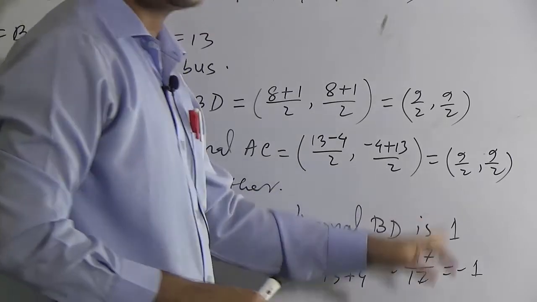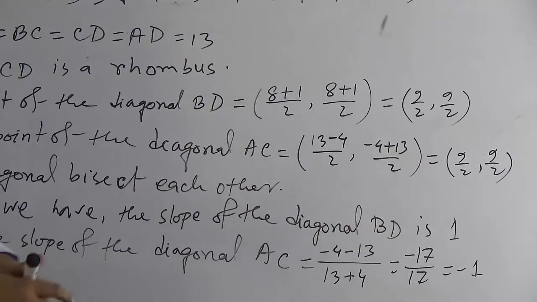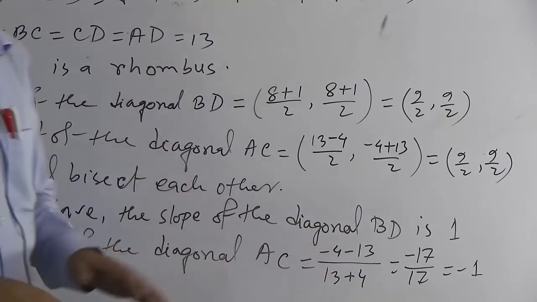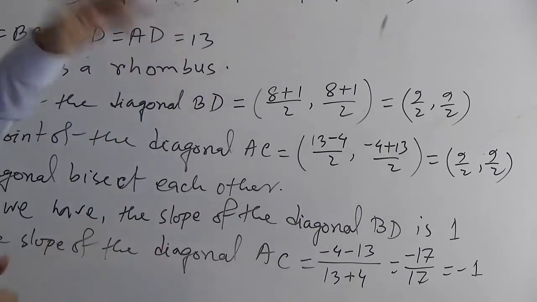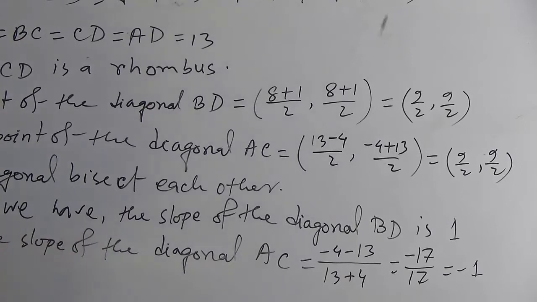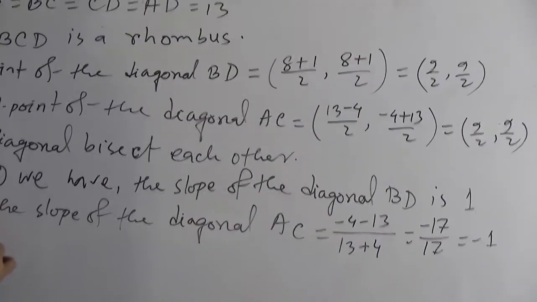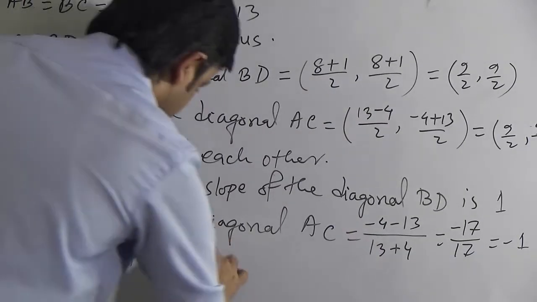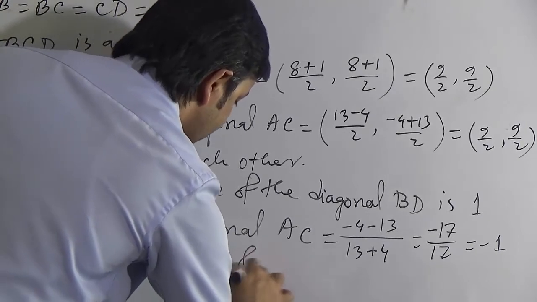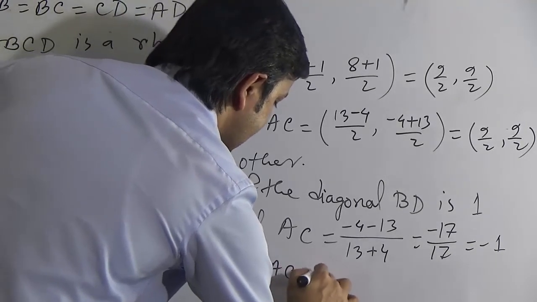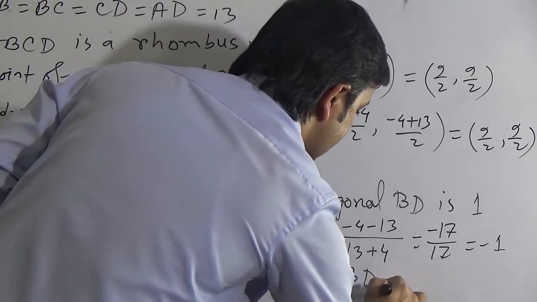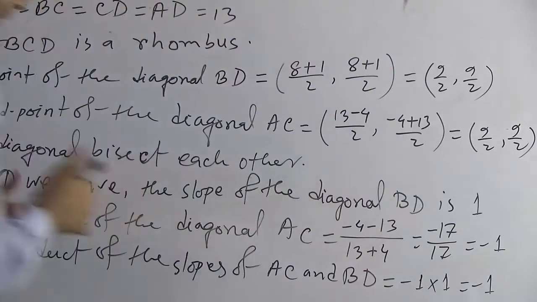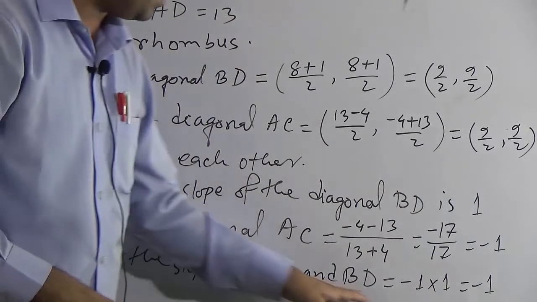Now what will be the product of the slopes? If the product of the slopes is minus 1, then the lines AC and BD will be perpendicular to each other. It means that the diagonals will bisect each other perpendicularly. So the product of the slopes of AC and BD is minus 1 into 1, that is equal to minus 1.